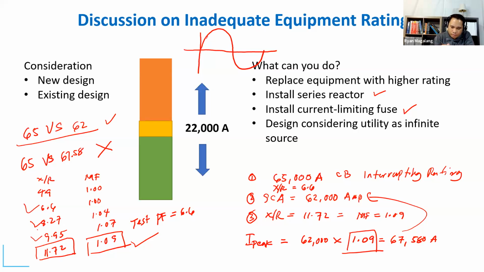And it acts within a quarter of a cycle, essentially in this region. So instead of having your fault current go through the final peak, this value, it chokes out the current, so that at this point your connection is already severed.